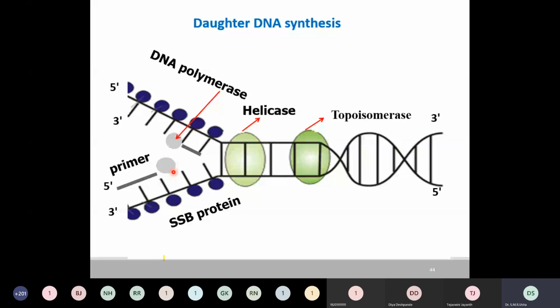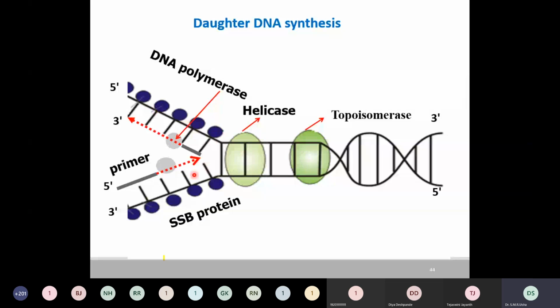A 3',5'-phosphodiester bond is formed. And the sequence of bases that is added is dictated by the base pairing rule. So on one side, it is synthesized in this direction towards the replication fork, and on the other strand, it is away from the replication fork.